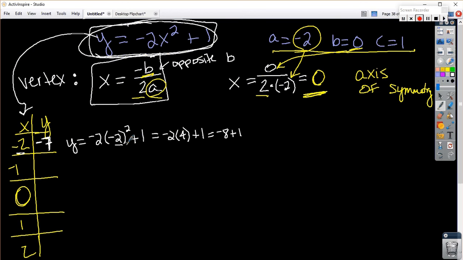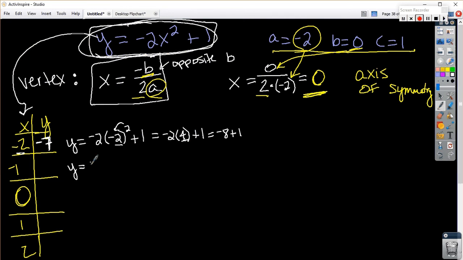Okay, so confused with it. -2 squared plus 1. Because you do exponents first. -2 squared is 4. I know it's not.